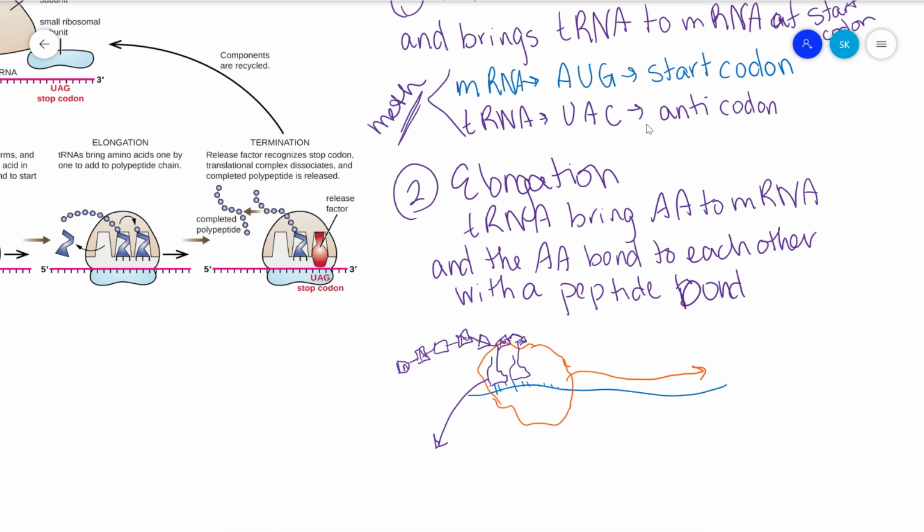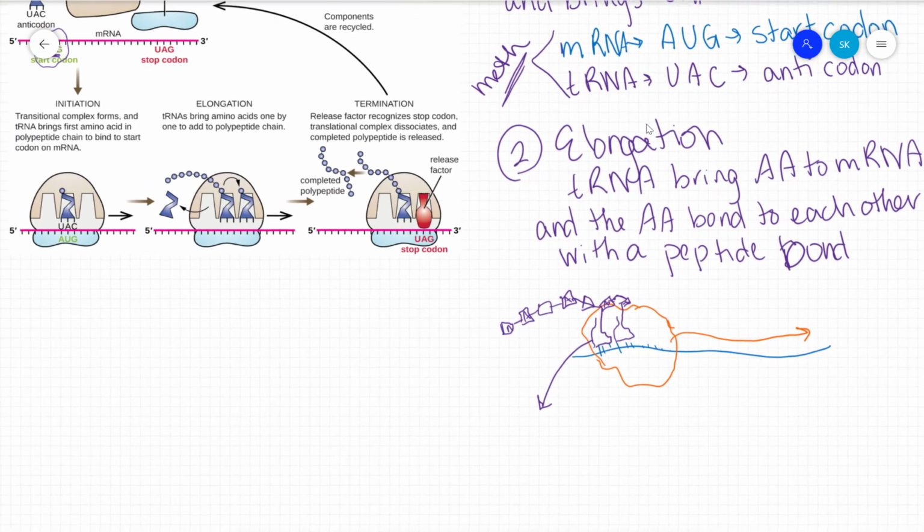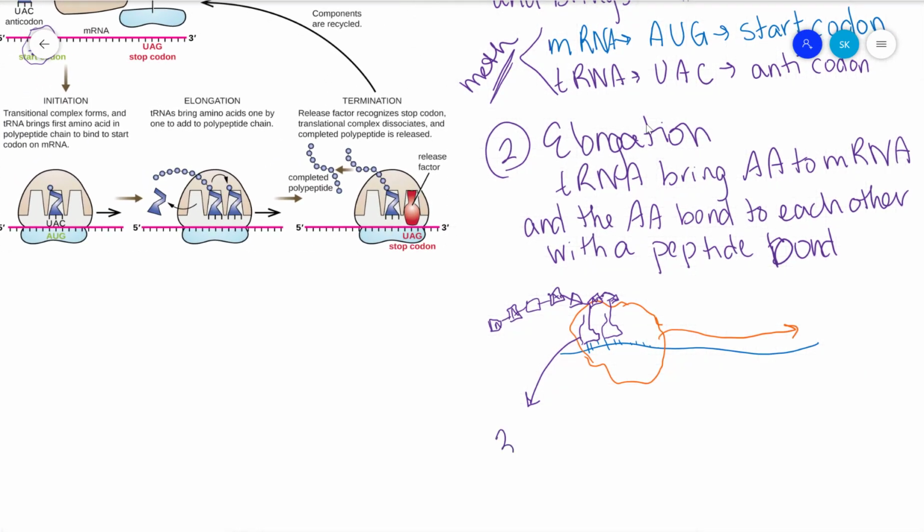Now, just like we started this whole thing with a start codon, we're going to end it with a termination codon. So we have termination, and for this we use a stop codon. Unlike the start codon, where there's only one, there are actually 3 different stop codons.